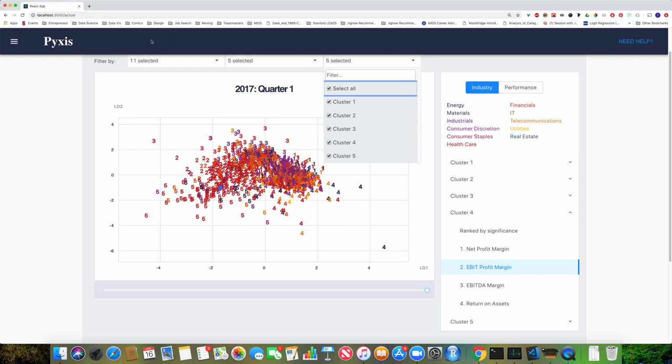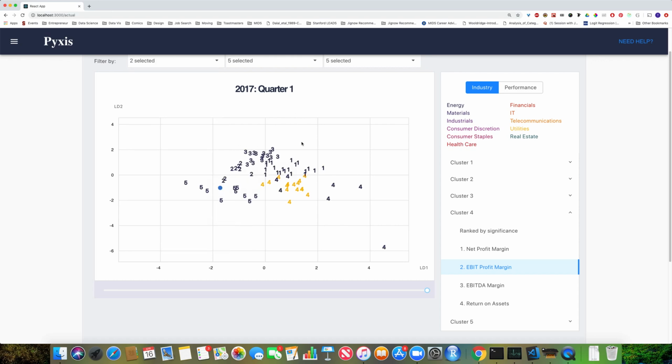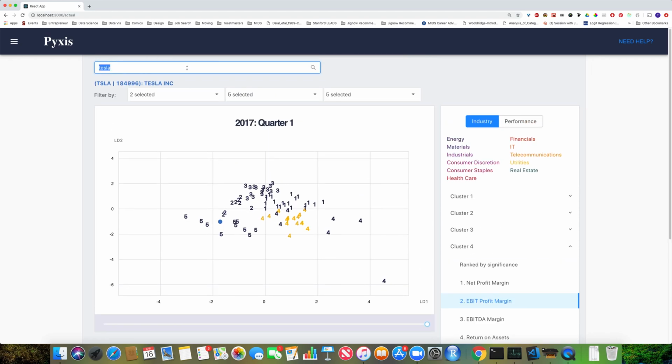For example, if we look at the utilities for this year, the cluster itself is very concentrated and tightly knit. And compare that to the energy industry, as you can see, let me just remove Tesla.